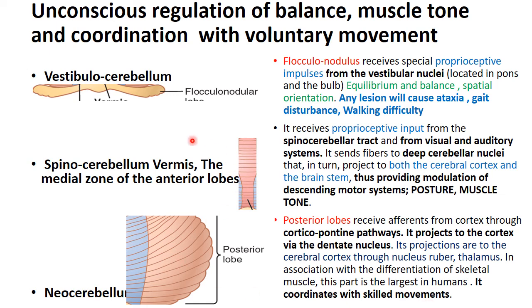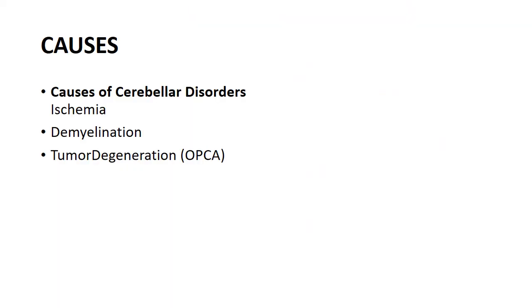So there are three main different parts of the cerebellum responsible for three main actions. What are the causes which can cause cerebellar disorders or cerebellar lesions?